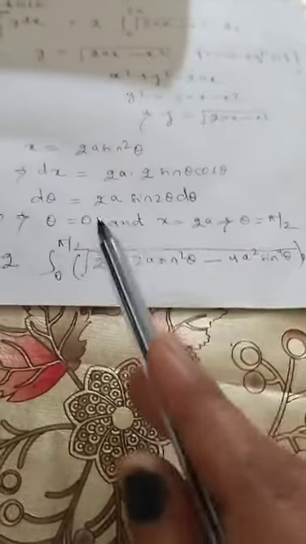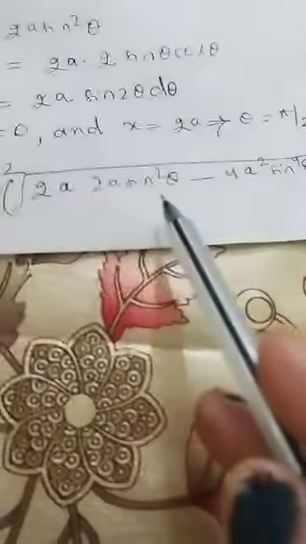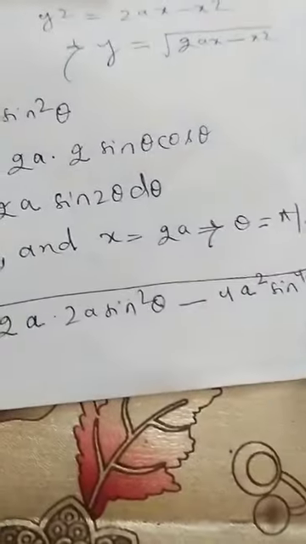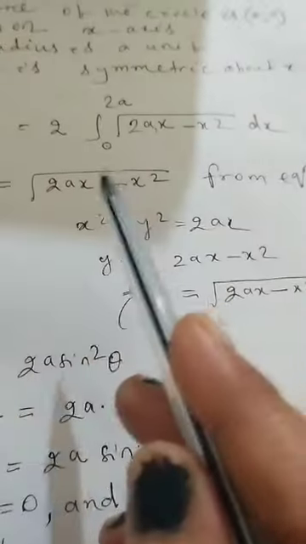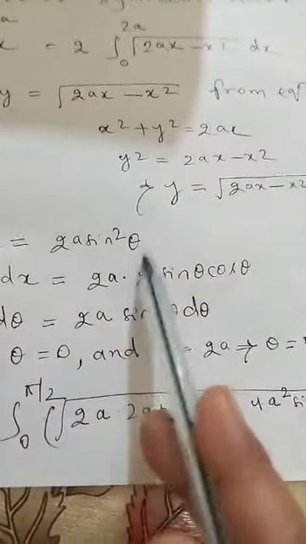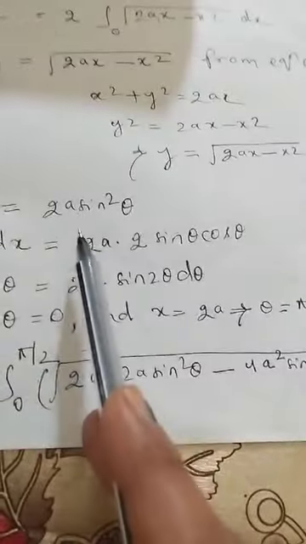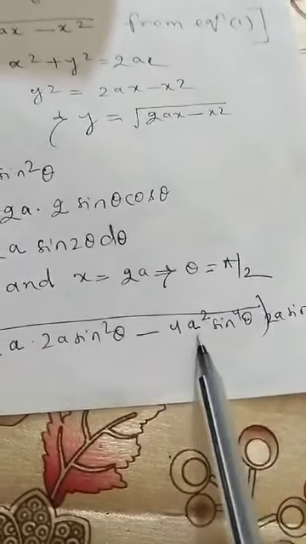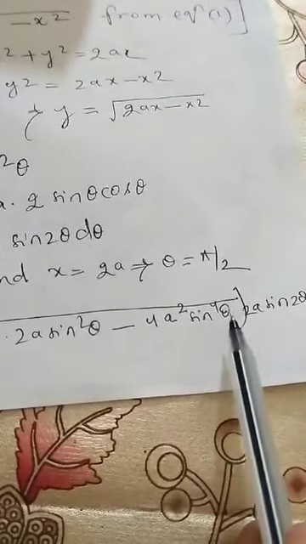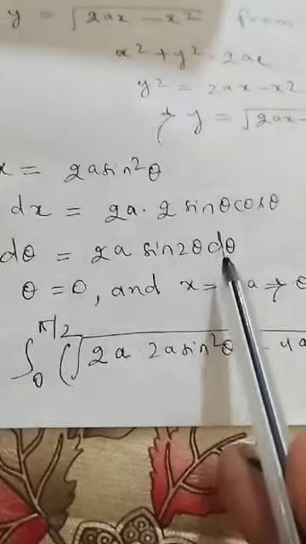The value of x is 2a sine square theta, and 2ax minus x square becomes 2a times 2a sine square theta minus 4a square sine to the power 4 theta, the whole under root, times 2a sine 2 theta d theta.